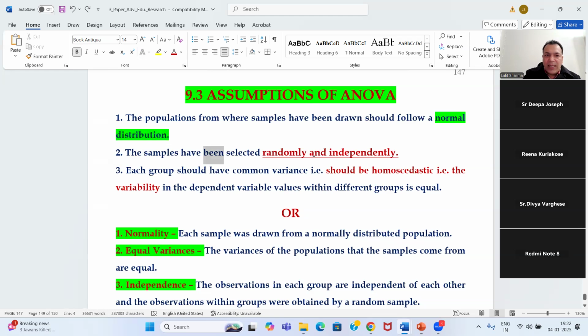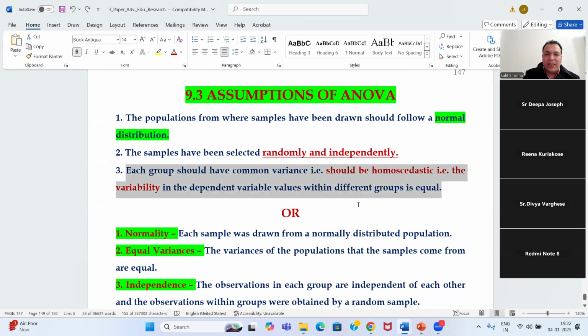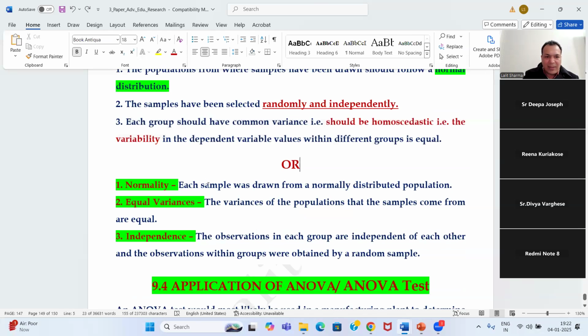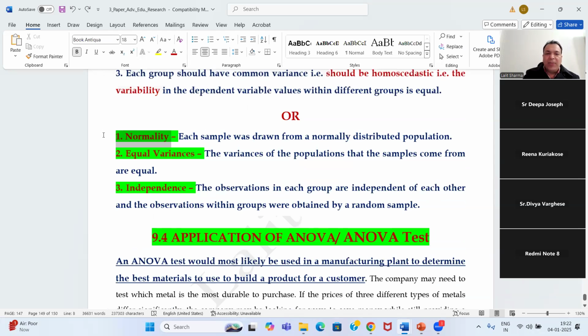Second, the samples have been selected randomly and independently. Third, each group should have the common variance, should be homoscedastic. The variability in the dependent variable values within different groups is equal. Okay, या ऐसे भी लिख सकते हो आप. Number one, assumption is normality, then equal variance, then independence.